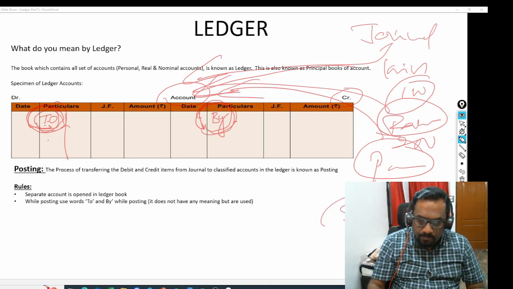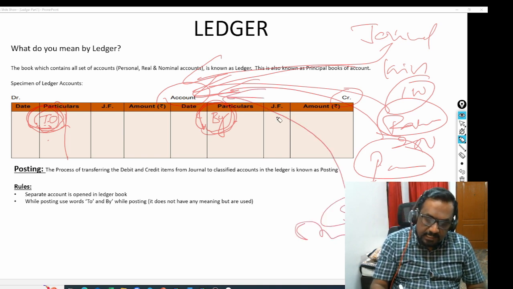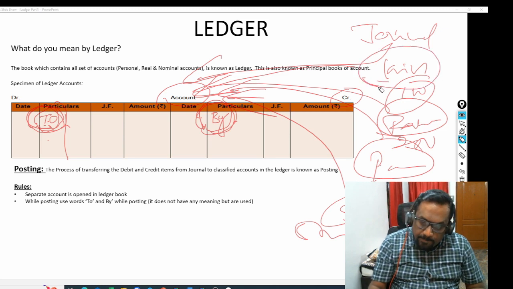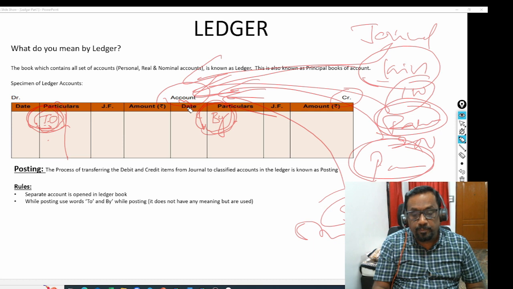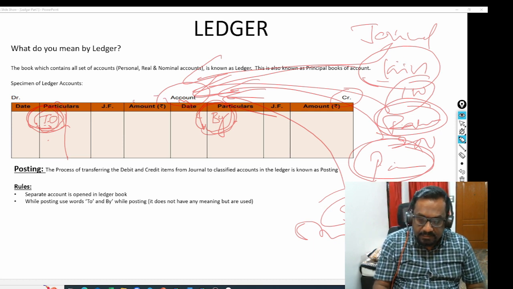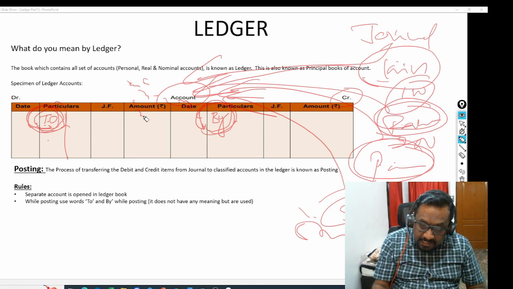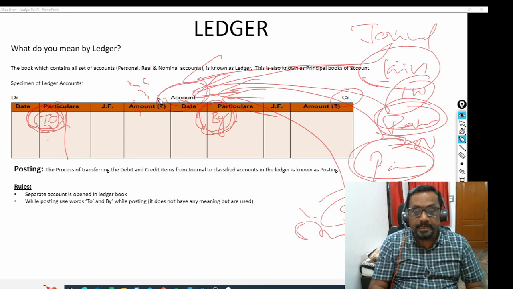If sales have 5,000 transactions, one sales account. For each type of account, you maintain one account in your ledger book: Krishna account, Ramu account, purchase account, sales account, bank account, cash account, goods account. For each and every account, you need to maintain one account.